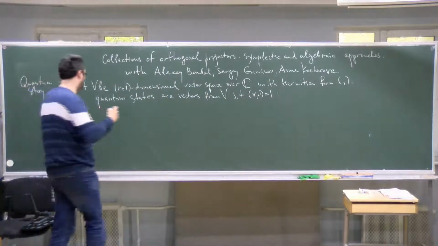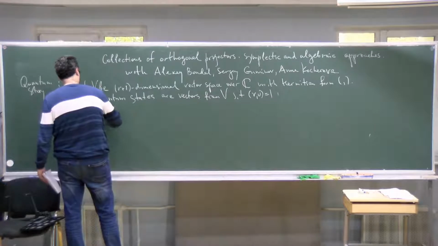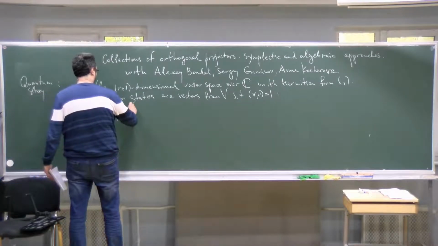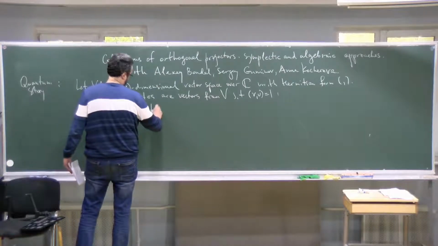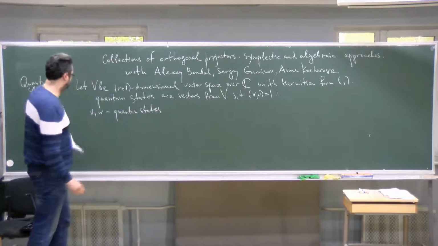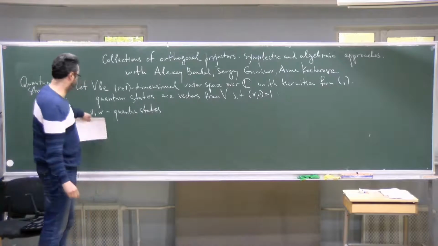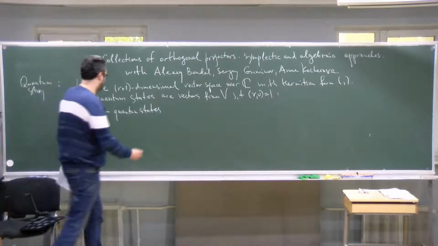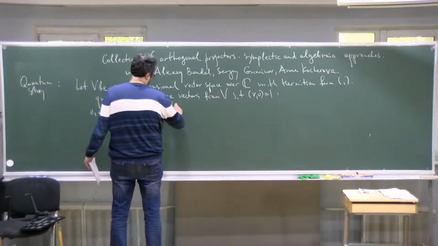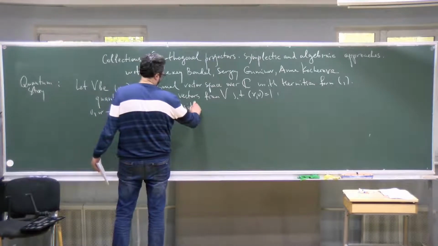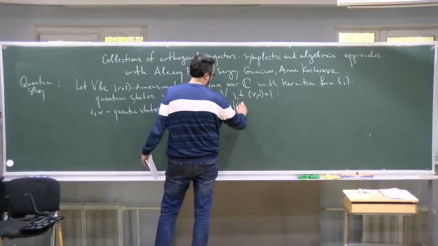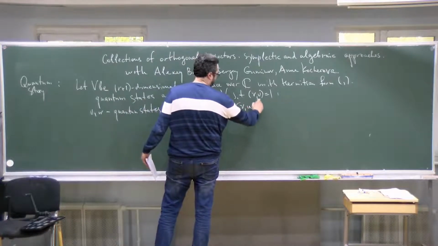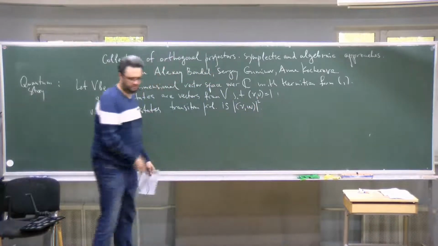If we have two quantum states, V and W, then the transition probability from V to W is the square of the inner product. So it's well known things.